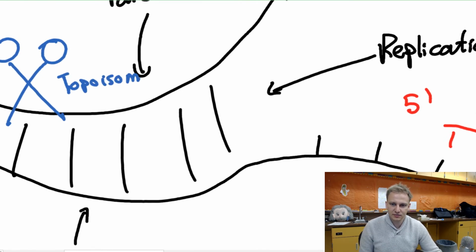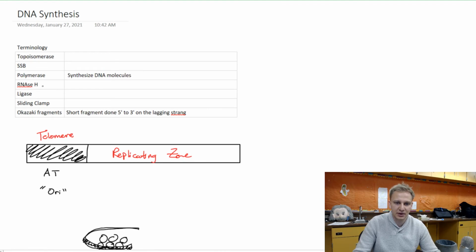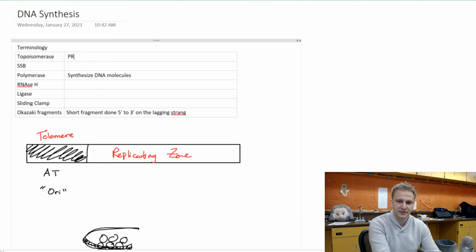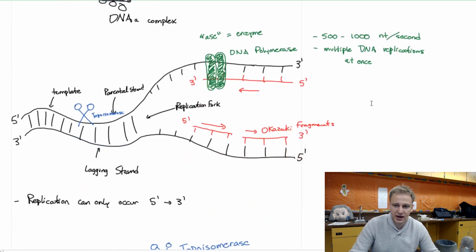And again, we have that ASE ending, so we know that this is an enzyme. Topoisomerase's goal is to prevent loops or regions of DNA that get folded and cannot be copied. So that's the goal of topoisomerase.